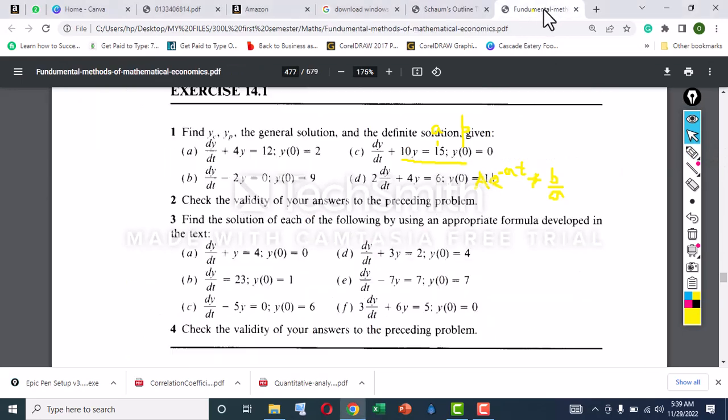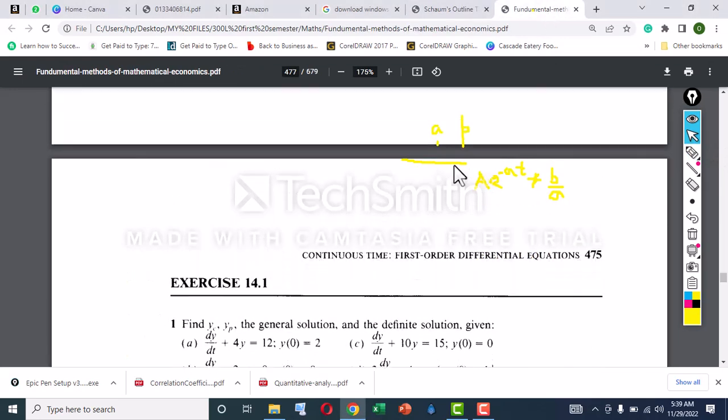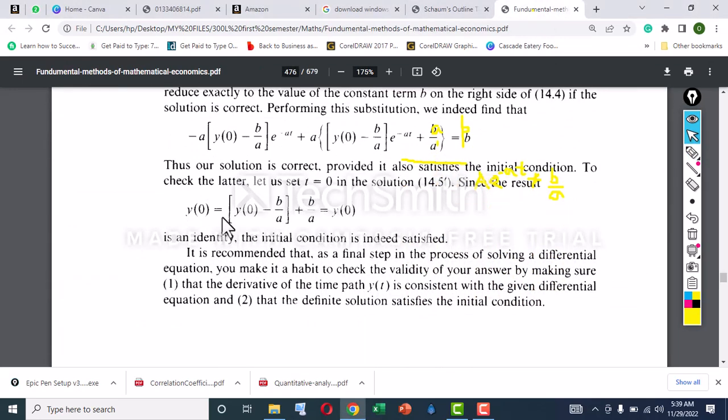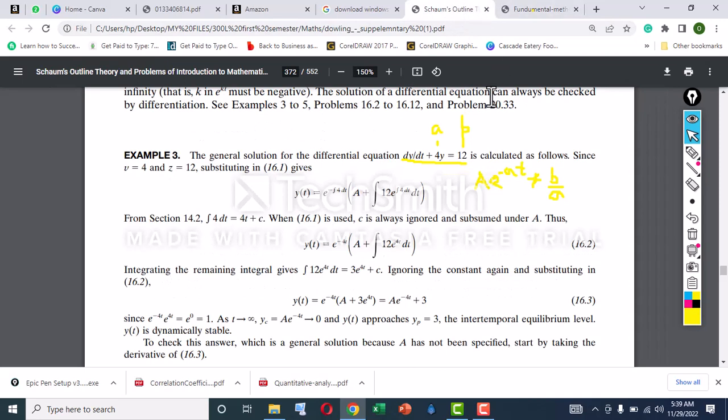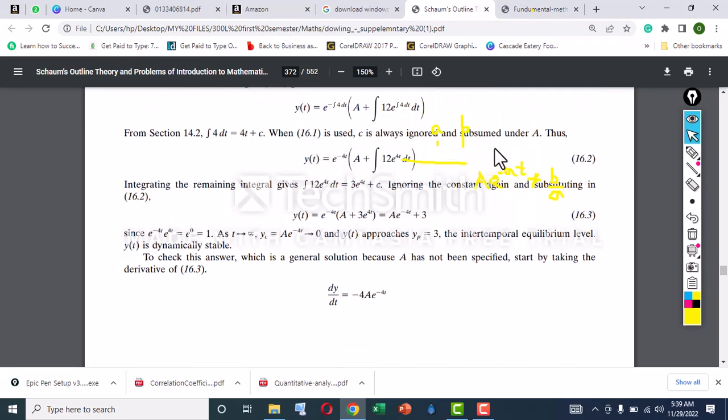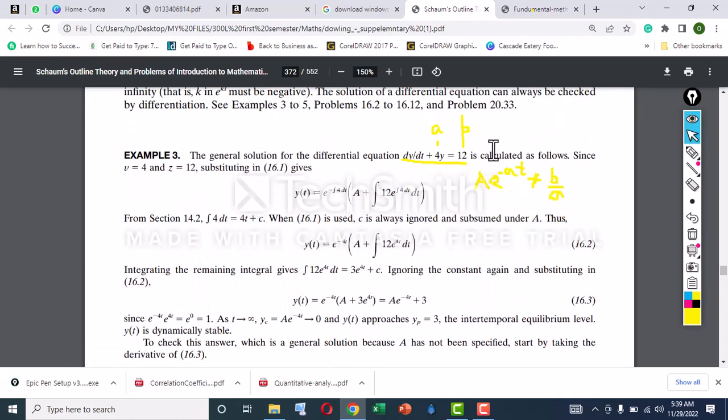So what I'm saying is that instead of using this long one, just replace everything here with a. That's basically what we are doing here. So this is the formula: a e raised to power minus at plus b over a.